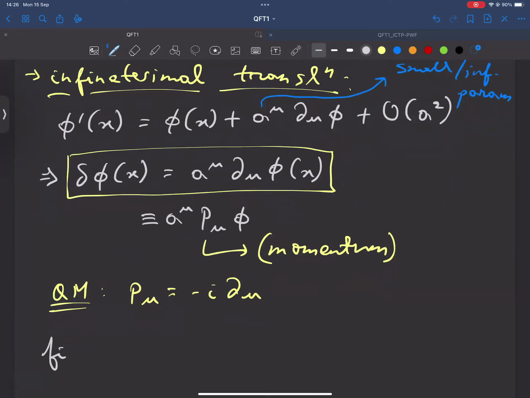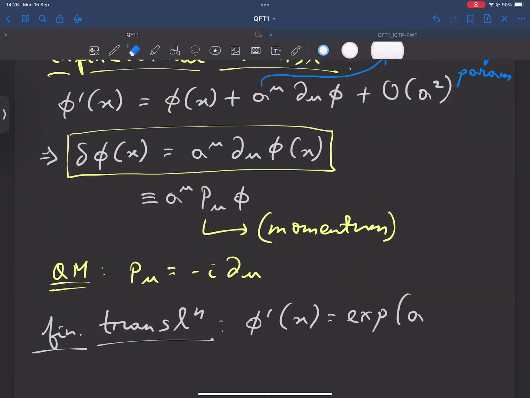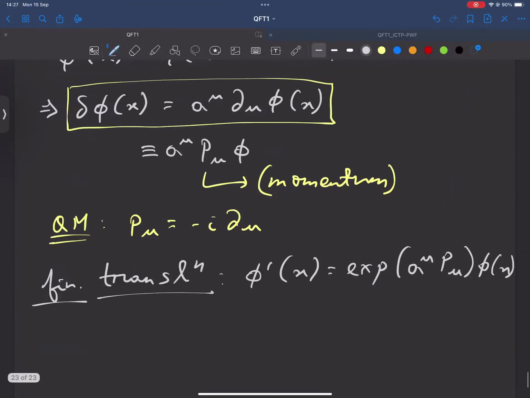And for finite translations, we will again employ the procedure that we did for the Lorentz transformation case. So what we will do is we'll exponentiate this infinitesimal translation. So that's how we will get a finite translation, where you now consider all order terms.